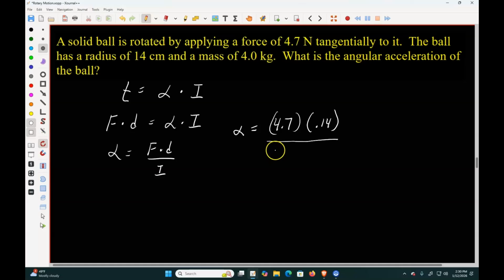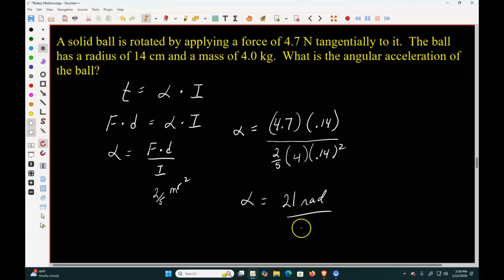I will be 2/5 mr squared. So the mass is 4, and the radius is 0.14 squared. So my acceleration will be equal to 21 radians per second squared.